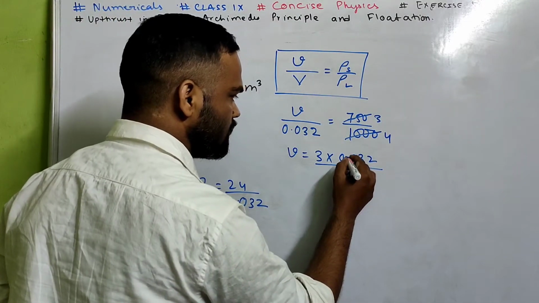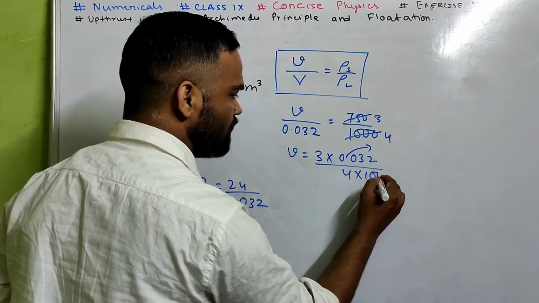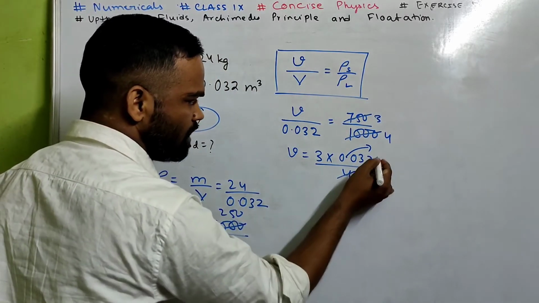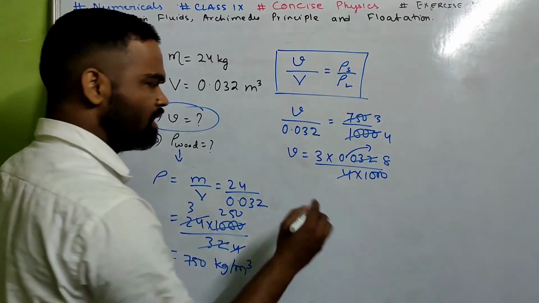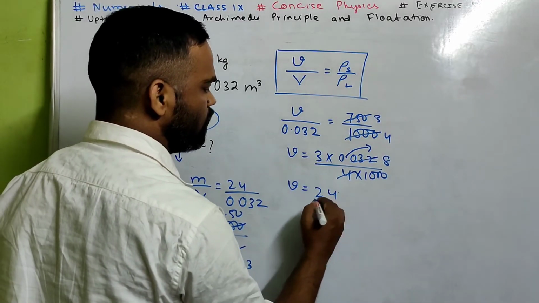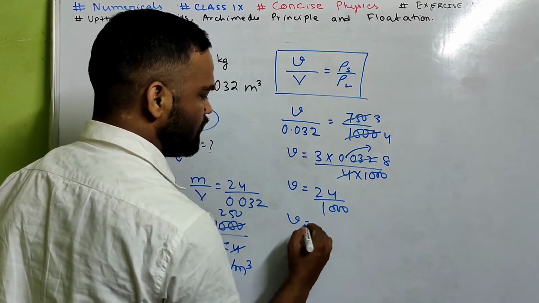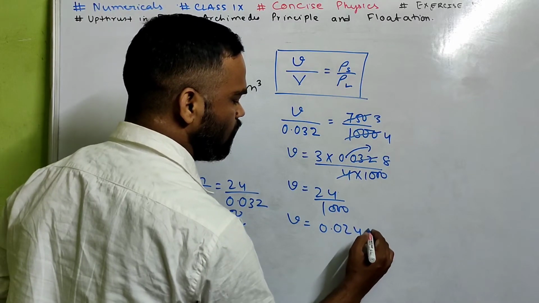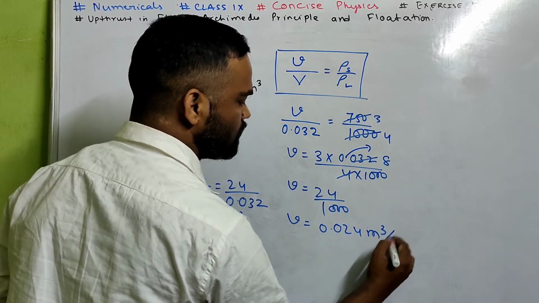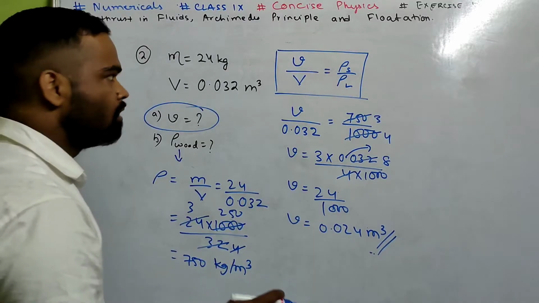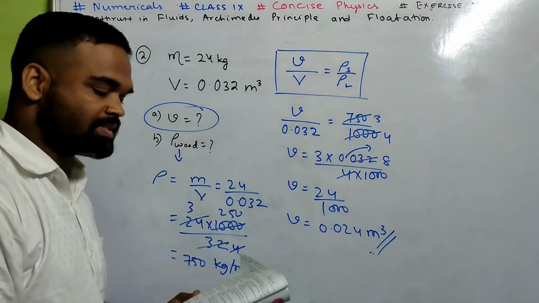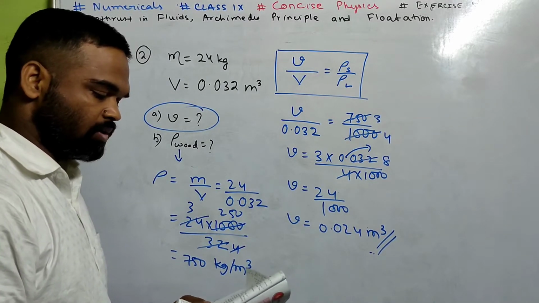Now remove this decimal. So we'll divide by 1000 for 1 time, for 8 time. Just solve it. So this is 24 by 1000, that is 0.024 meter cube. This much volume of the block will be inside water, below the surface.